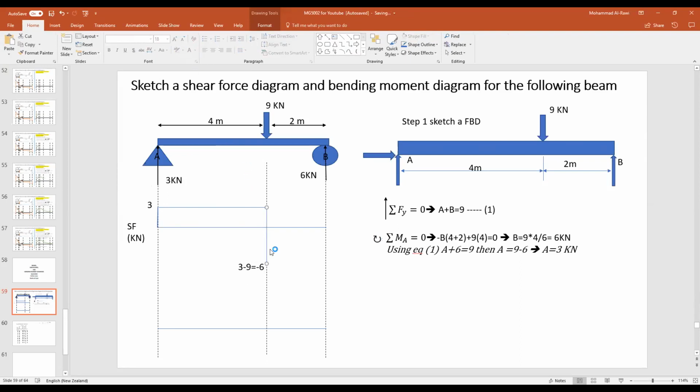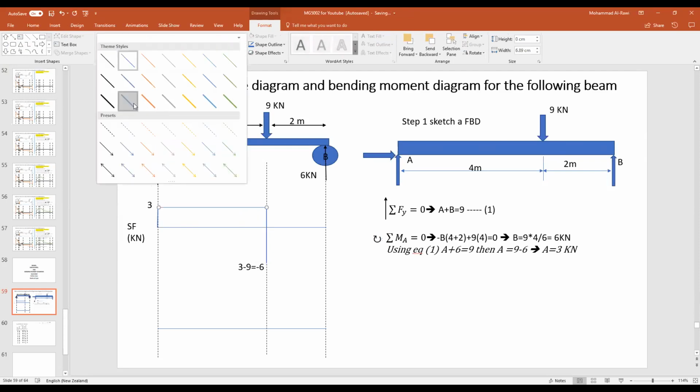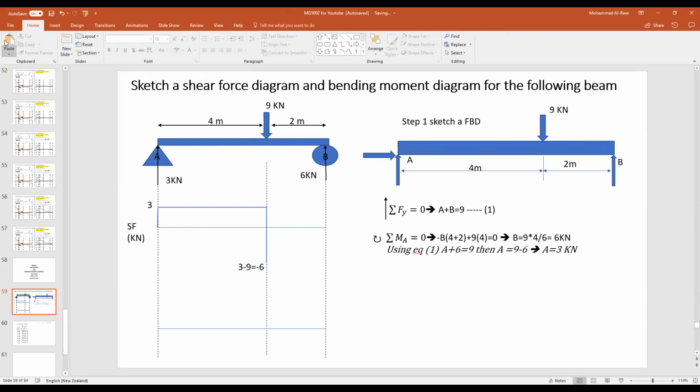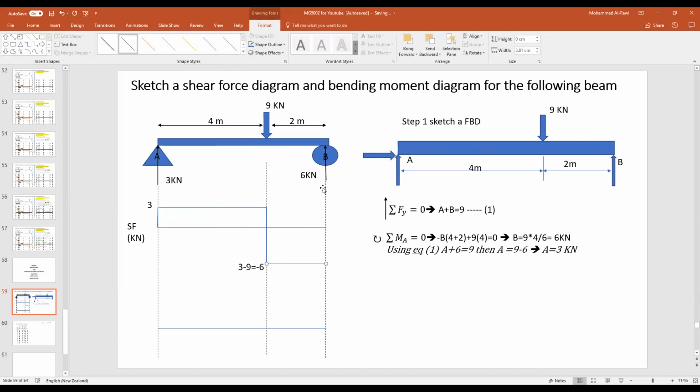And that will represent for me where the shear force is acting. Now 6, there is no effect of any external forces from this point till we reach that point, and there is a support reaction equal to 6, which will take me back to 0. And then we close this shear force diagram.